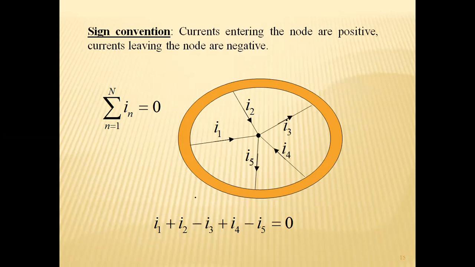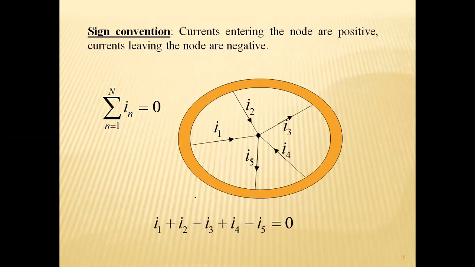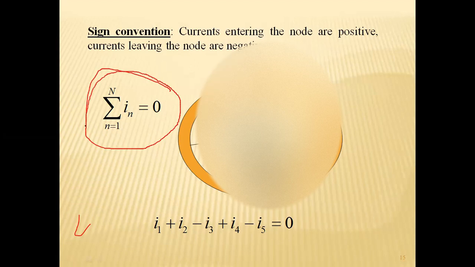Sign convention. What sign convention are you going to follow while using Kirchhoff's current law? Generally, currents entering the node are taken to be positive, and currents leaving the node are taken to be negative. So using this expression, the sum of all algebraic currents i_n equal to 0, like I1 is entering, I2 is entering, I4 is entering, they are taken to be positive.